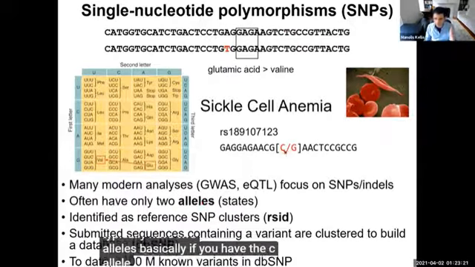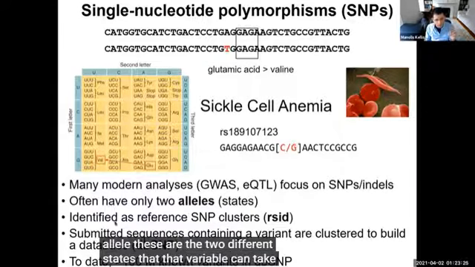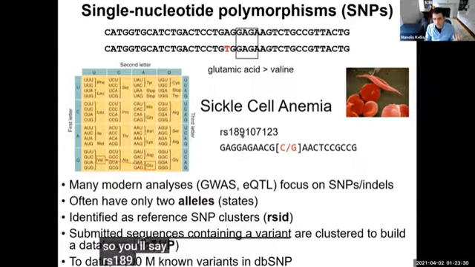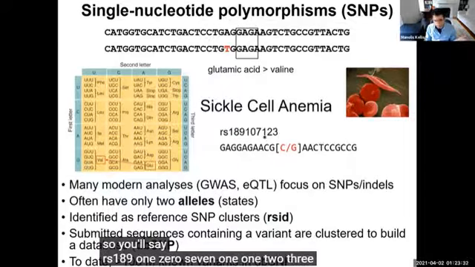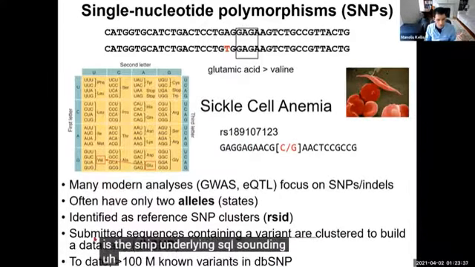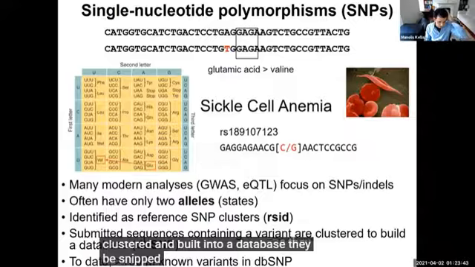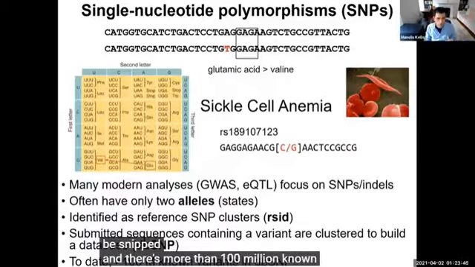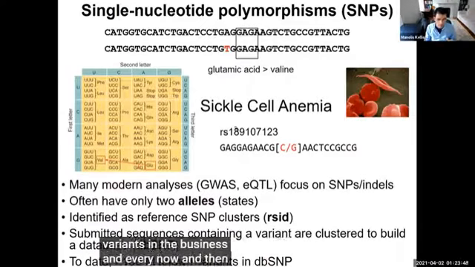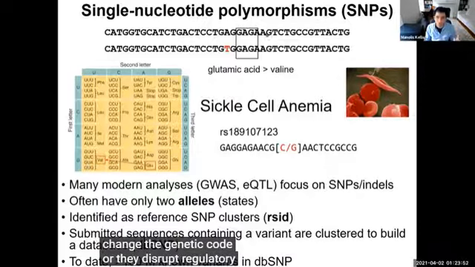Basically, if you have the C allele or the G allele, these are the two different states that variable can take, and they're identified with their RSID. So you'll say RS189107123 is the SNP underlying sickle cell anemia. All of these variants have been clustered and built into a database, dbSNP, and there's more than 100 million known variants in dbSNP. And every now and then, they basically change the genetic code or they disrupt regulatory regions.